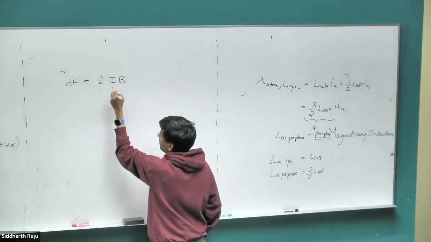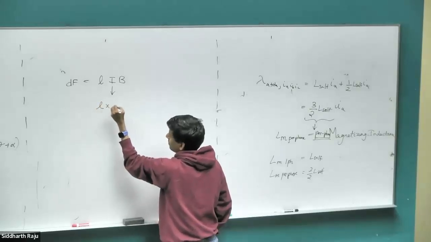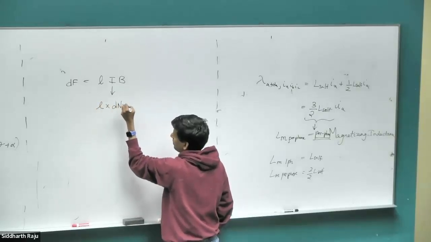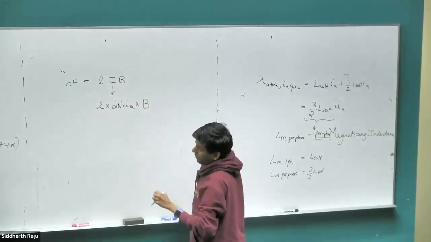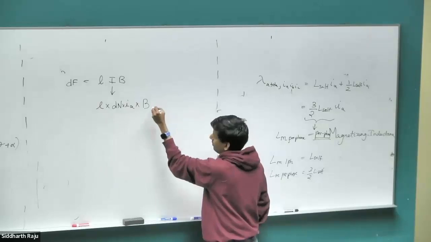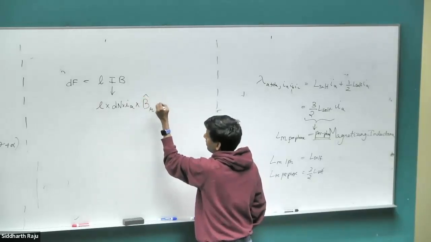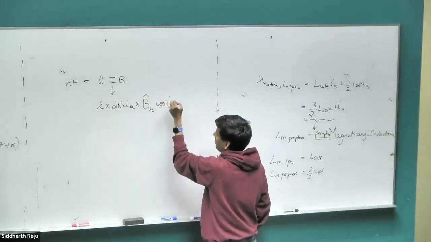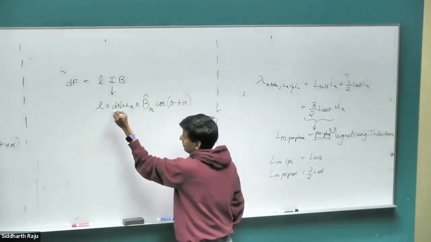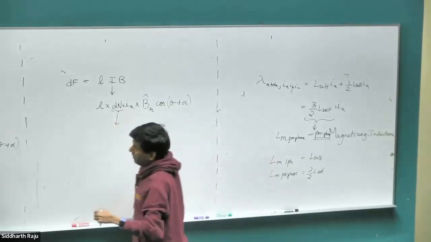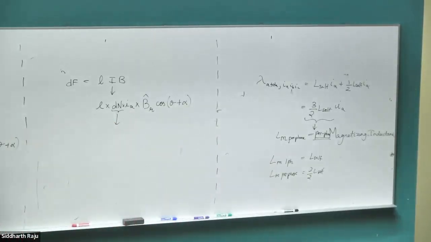So I itself is going to be equal to L times dN times the current in the A phase times the magnetic field due to the rotor, right? So that is going to be B_R peak cos of theta plus alpha. This dN is the conductor density for this tiny set of conductors that I've chosen.